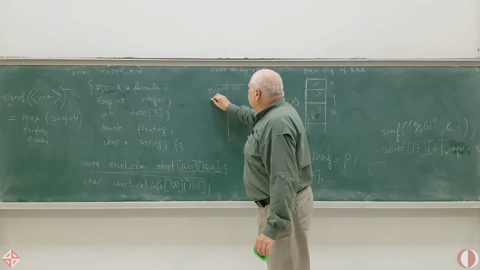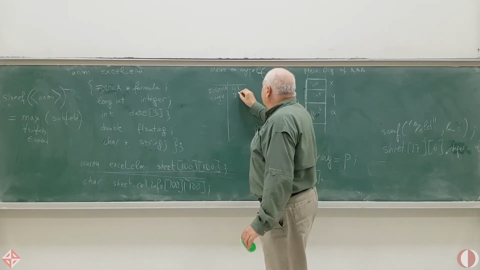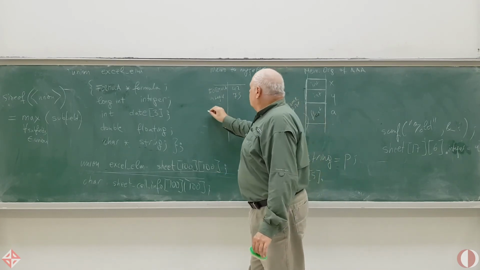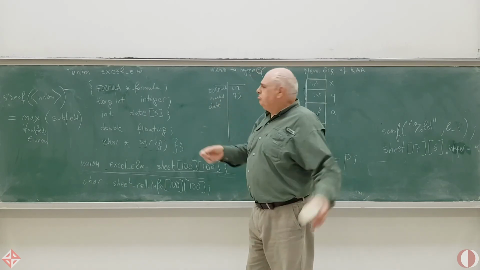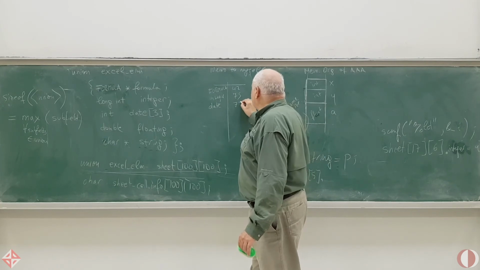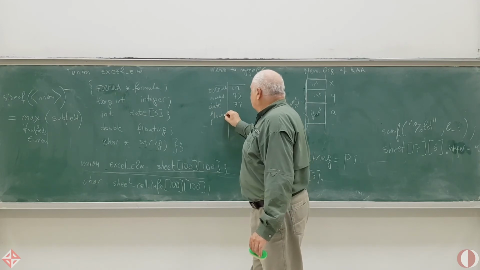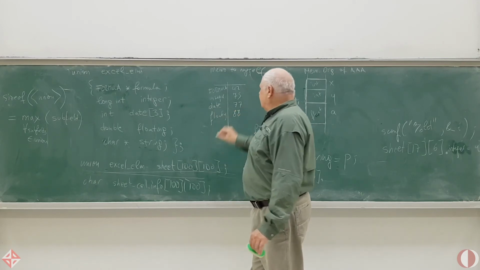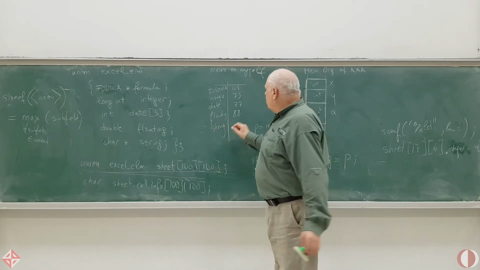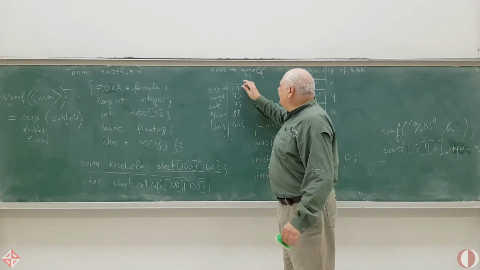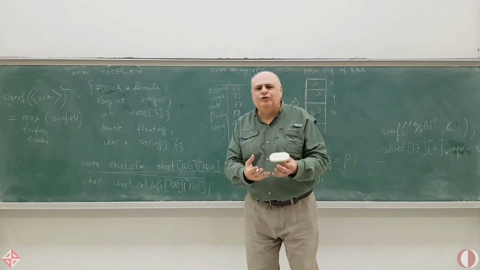Then integer, some other number, 75. If it's a date, then another number, 77. Floating point, 88. String, 101.